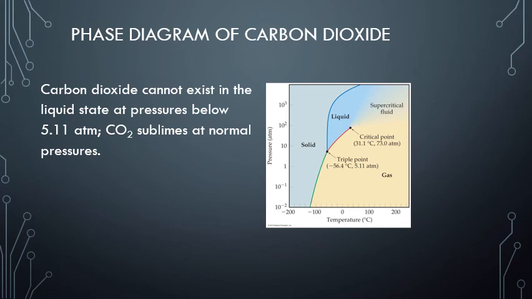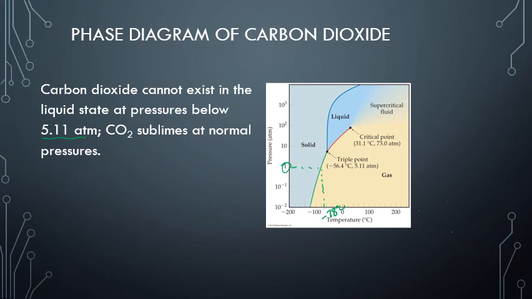With the carbon dioxide, you'll notice again that the liquid state cannot exist below 5.11 atmospheres. So with our normal atmospheric pressure, as I had mentioned on the previous slide, the temperature being somewhere around negative 78 degrees Celsius, 110 degrees below zero Fahrenheit, we would just have that transition between the solid and the gaseous state.